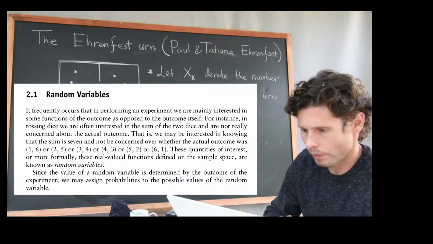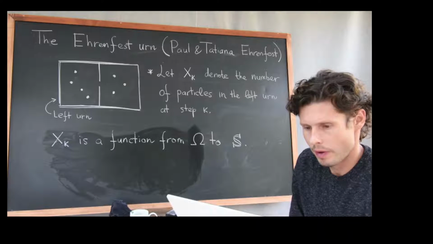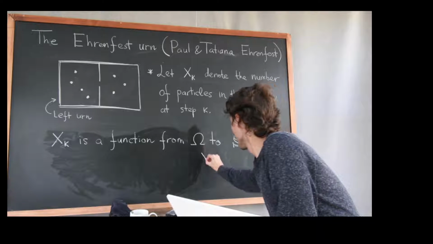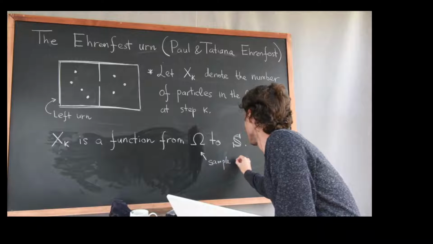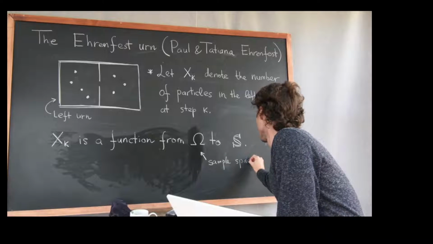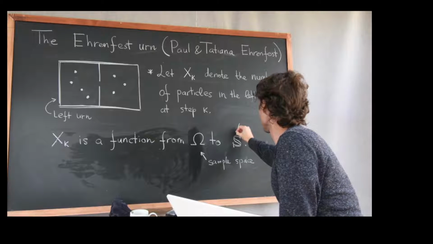So, all I wrote down was xk is a function from omega, which is what we refer to as the sample space, to S, which I would call the state space.